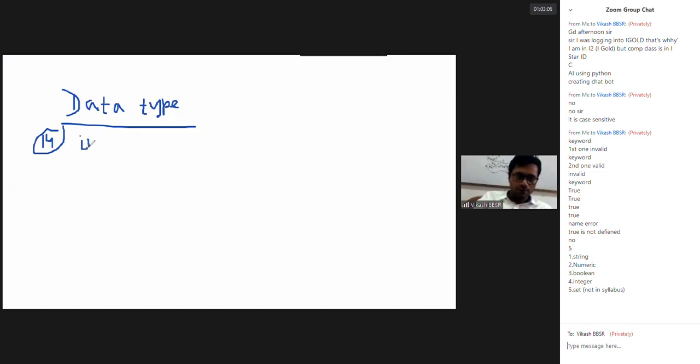Int is one data type. Float. Int, float, complex. Then bool, which means boolean.